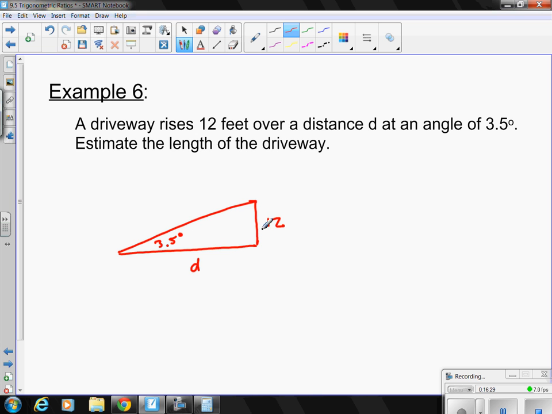So once again, you look at the sides. We don't know the hypotenuse. We're looking for the length of the driveway, so that's the hypotenuse.